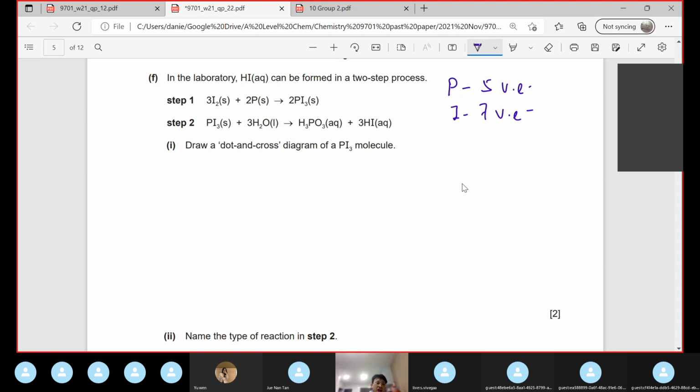So P will share its electrons with I. Over here we have 3 I, so 3 of the valence electrons of the phosphorus atom are going to be shared with I. So we will have P with single bond, single bond, single bond to I. Then of the 5 valence electrons, 3 are already used up, so we have another 2 as a lone pair. So this is how the geometry of the molecule looks like.